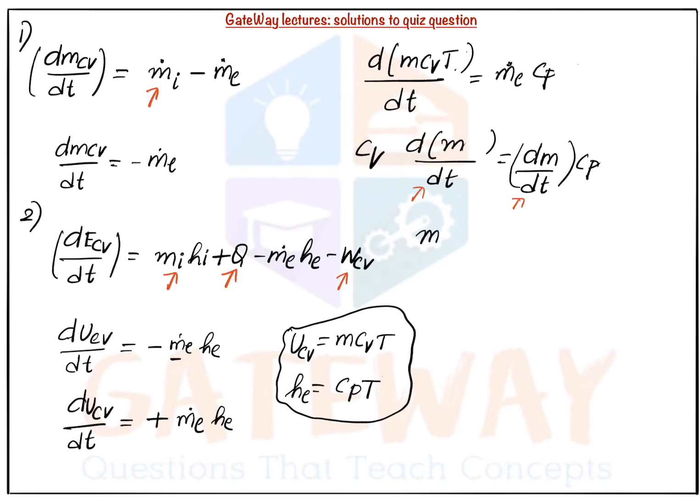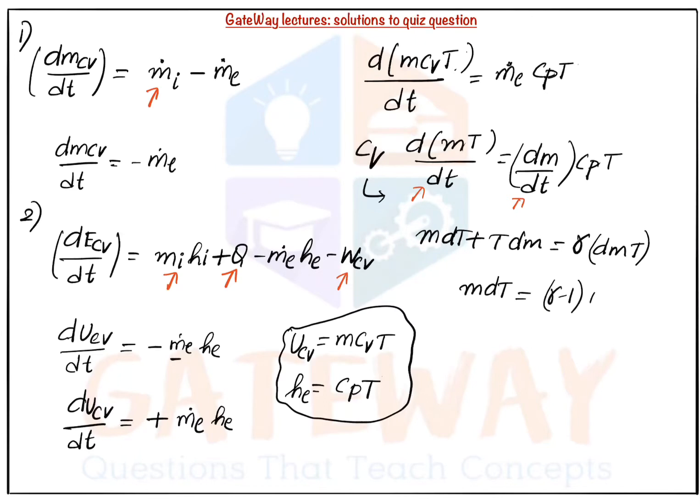So mcv T, here mT, and here Cp T, and also here Cp T. Now differential of mT is nothing but m dT plus T dm, which is equal to, this Cv term goes into the RHS, then it will be Cp by Cv, which is gamma, into T dm. From this we will get the m dT term to one side, then the other side will be left with gamma minus 1 into T dm, right?